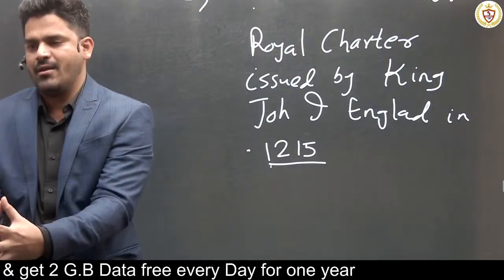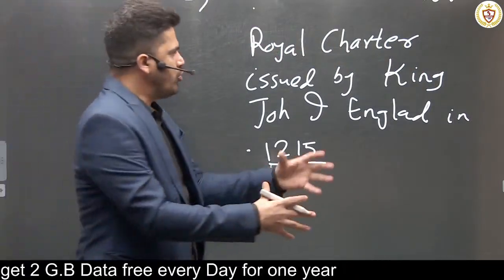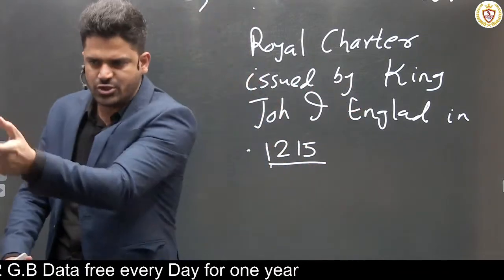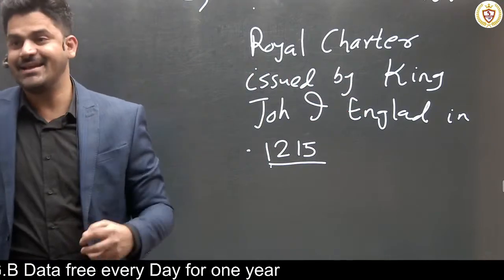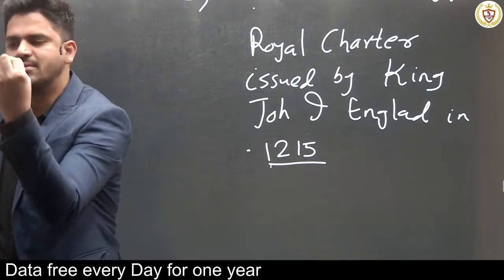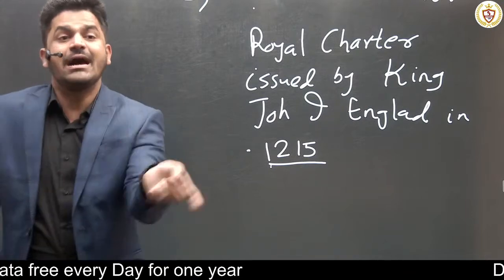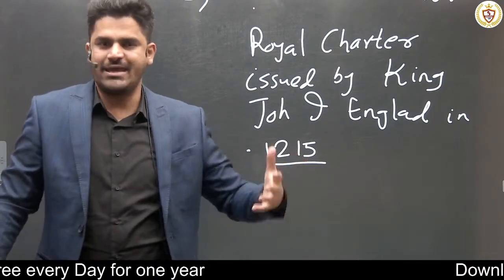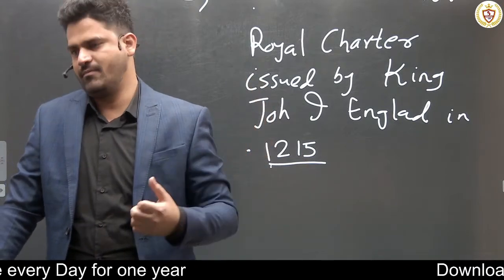पहली बार through issuing Magna Carta in 1215, the state, King John, recognized that yes, individuals do enjoy certain rights against the state. Because at that time, UK was absolute monarchy.